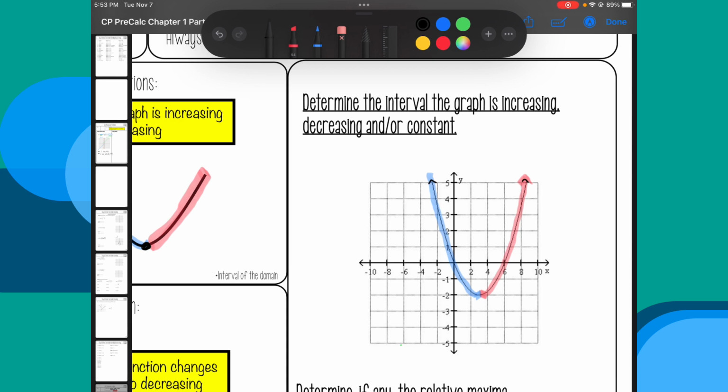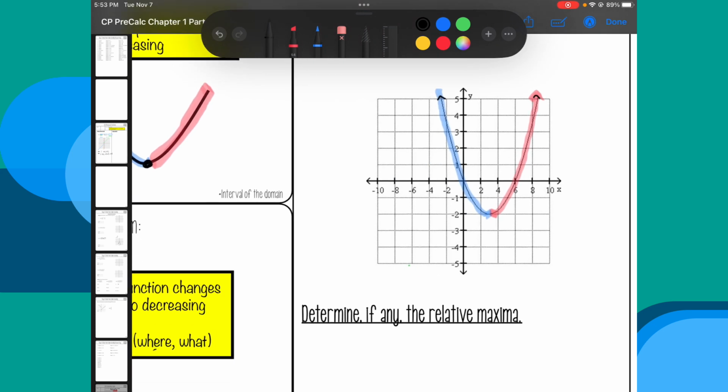So using the x values, we would say we are decreasing from negative infinity to 3. We're not going to include 3 because we're not increasing or decreasing there. And then we are increasing starting at 3 and going to infinity.